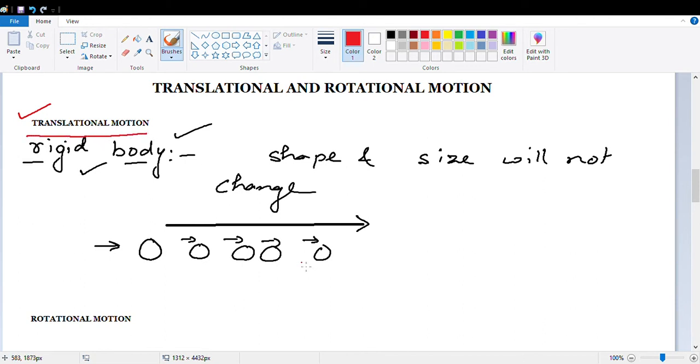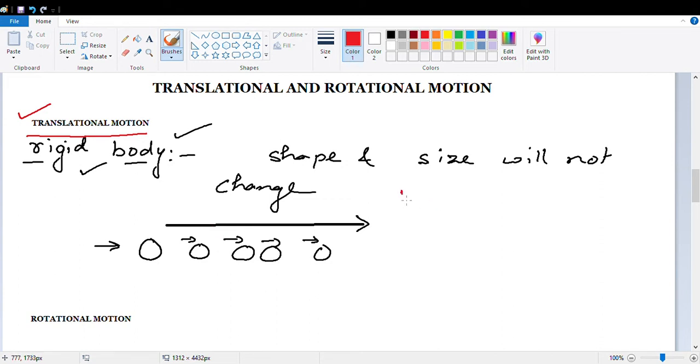If any rigid body is moving in the direction of force in a straight line path, that is translational motion.